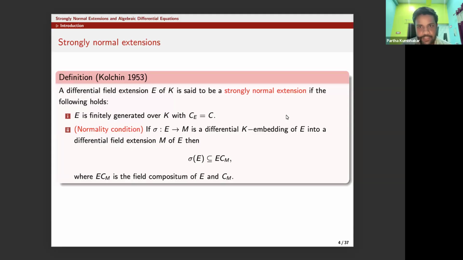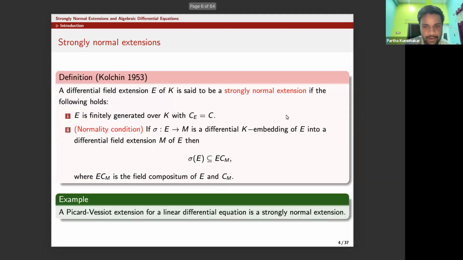These extensions have a very rich differential automorphism group. Before that, an example: a Picard-Vessiot extension for a linear differential equation is a strongly normal extension. So all Picard-Vessiot extensions are strongly normal.